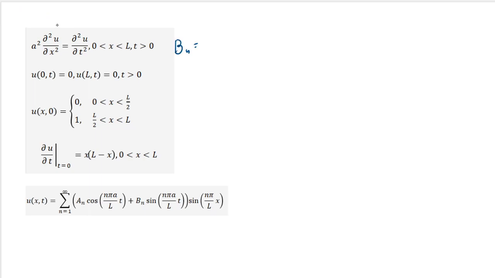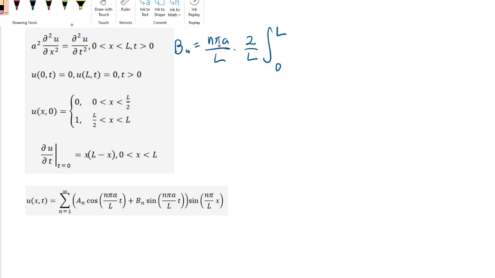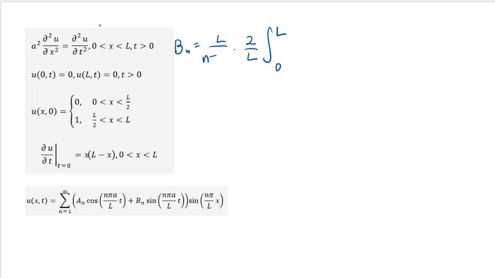So Bn is n pi a over L times lowercase bn, but lowercase bn has the formula 2 over L integral from 0 to L. Oh, sorry, I realized that I should have taken the reciprocal of this. So let me erase this, put the reciprocal. It should be L over n pi a times 2 over L, 0 to L, x times L minus x sine n pi over L x dx.